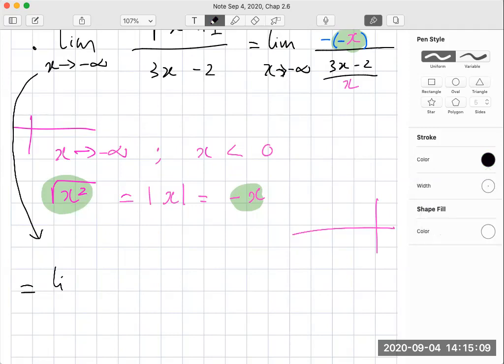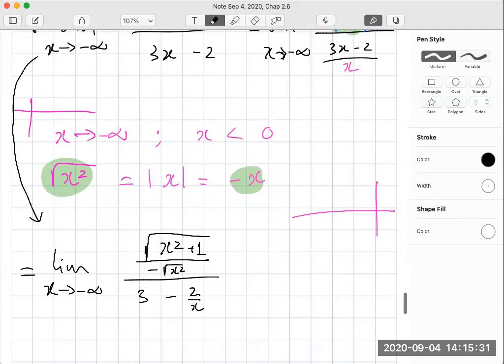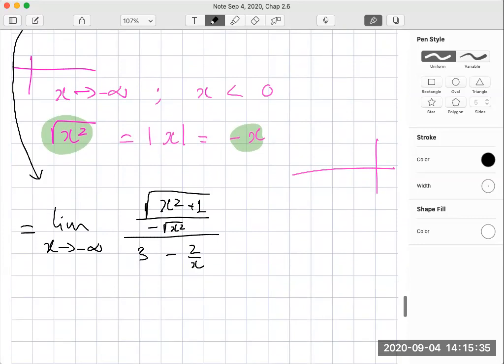Okay, let us write it this way. Square root of x squared plus 1 divided by negative square root of x squared, divided by the denominator, which is 3 minus 2 over x. We know that from previous computation, so we can write it immediately right here.